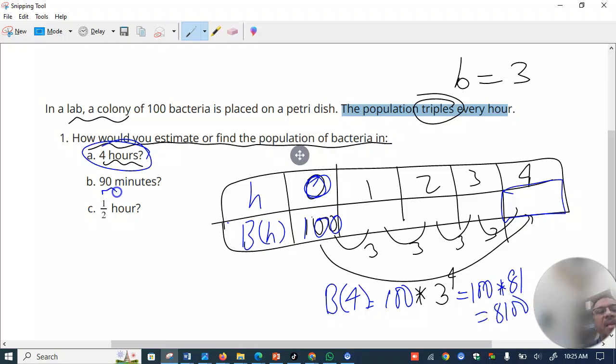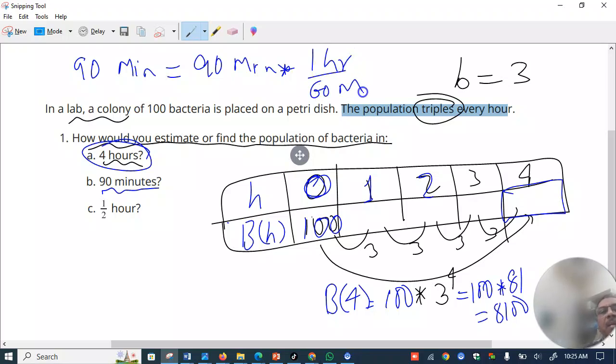The second question is asking about 90 minutes. This is 1 hour, this is 2 hours, so 90 minutes is also the same as 90 minutes, because 1 hour is 60 minutes. The minutes cross out and you get 90 divided by 60, which is 1.5.